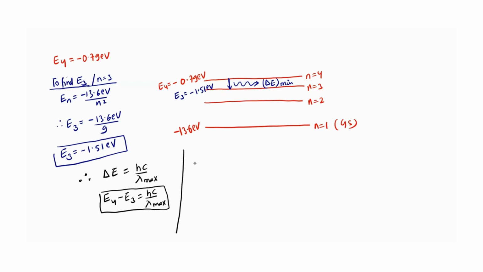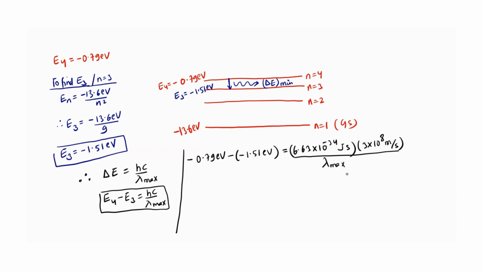Now we know E4 is minus 0.79 electron volt minus E3 is minus 1.51 electron volt equals Planck's constant is 6.63 times 10 power minus 34 joule second times c, and c is 3 times 10 power 8 meter per second divided by lambda max. So this cancels out.